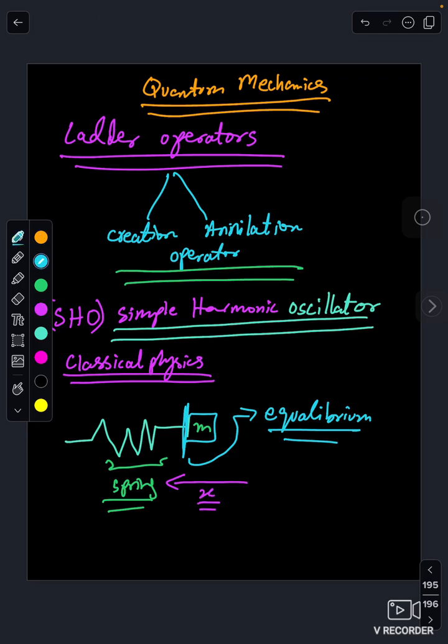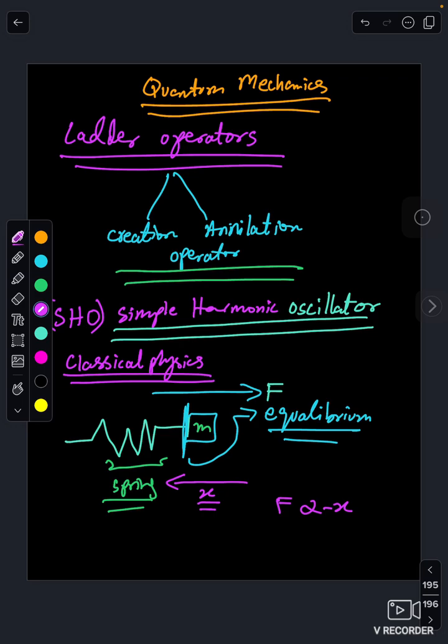What will happen is that the force being applied will be opposite to x. It will be in the opposite direction, and then if you leave it, it will oscillate back and forth until it comes back to its original position. So we can say the force is directly proportional to negative x, because they're on opposite sides.